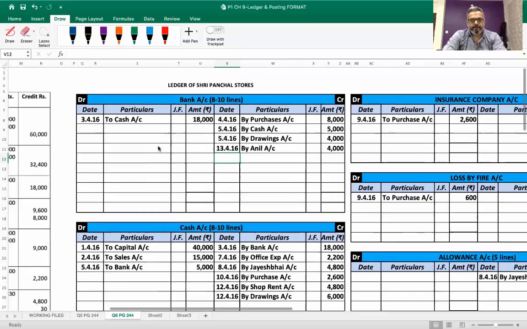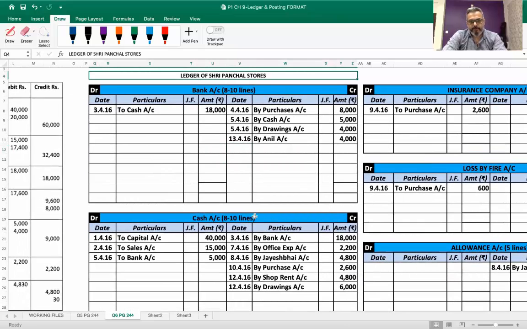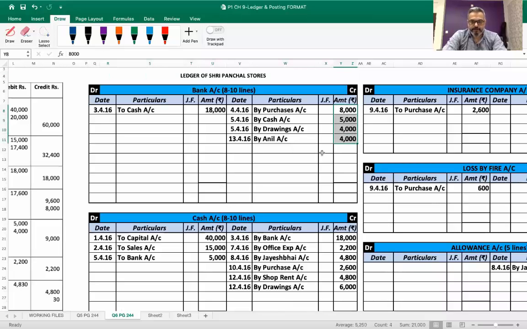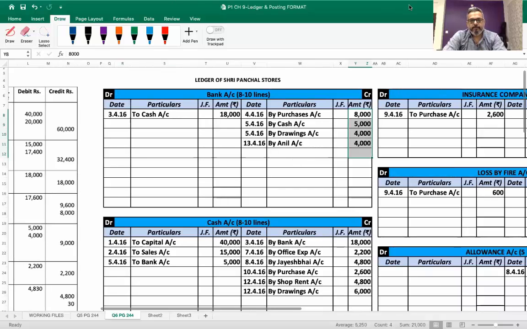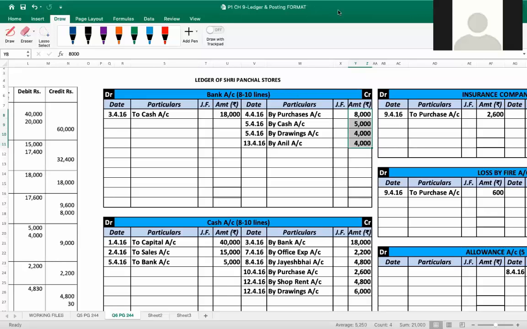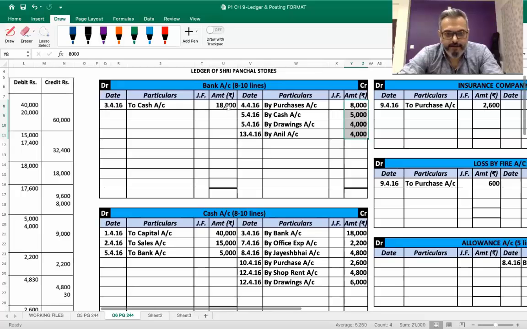First I've written is a bank account. So bank account, which side is more? Let's check out. Yes, debit side is more. Okay, so now let's start closing.